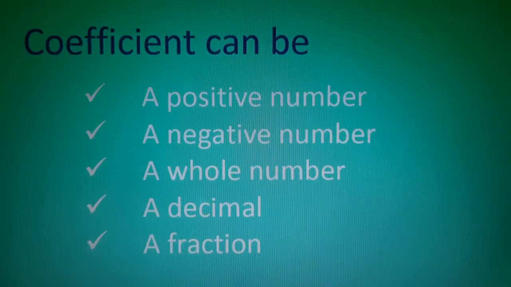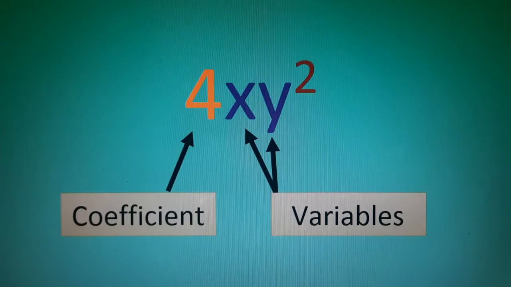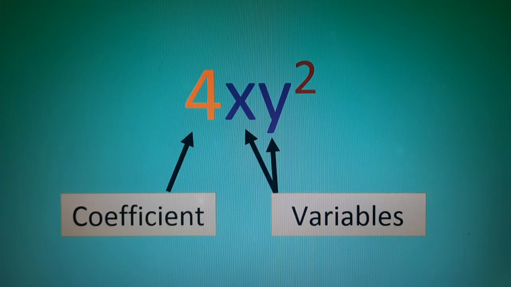A coefficient can be a positive number, a negative number, a whole number, a decimal number, or a fraction. Look at these examples given. In this example, 4xy squared, it is the term, 4 is the coefficient, x and y are variables.